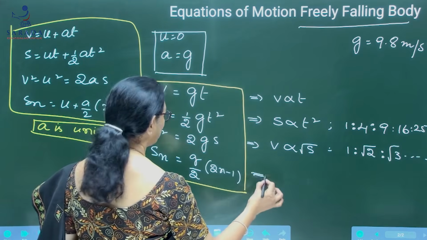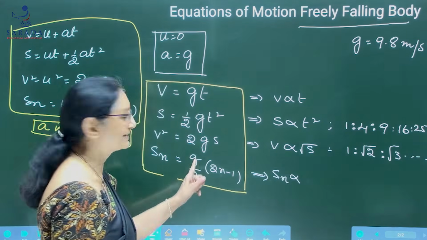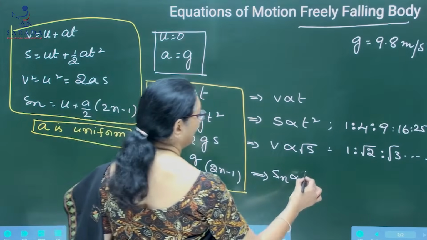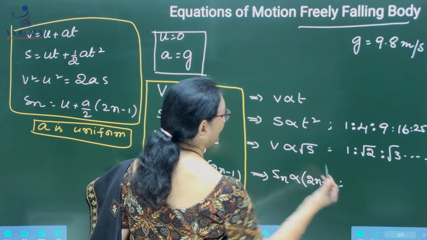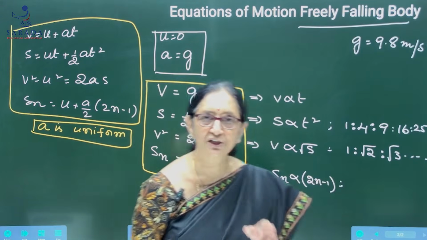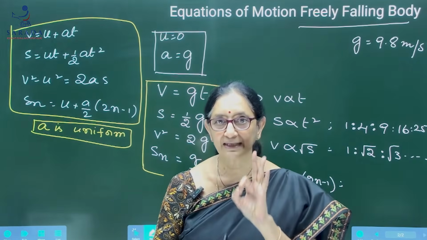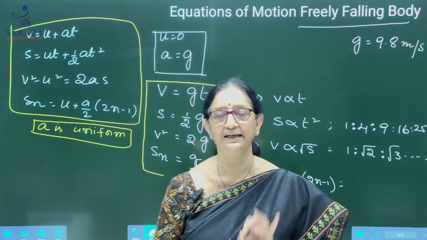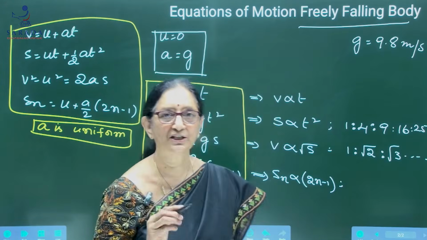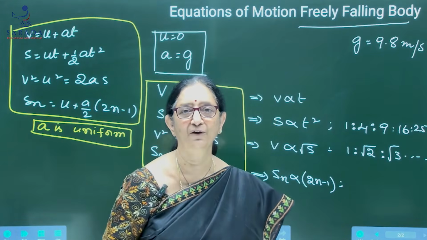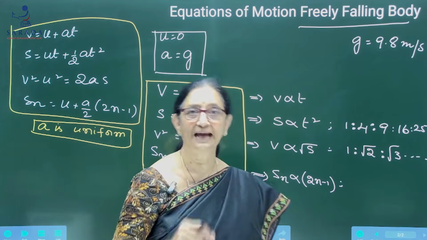And from this expression, as g by 2 is constant, Sn is proportional to 2n minus 1. This implies the ratio of displacements in the first second, second second, third second, fourth second, and so on, or the ratio of displacements of a freely falling body in successive equal time intervals.